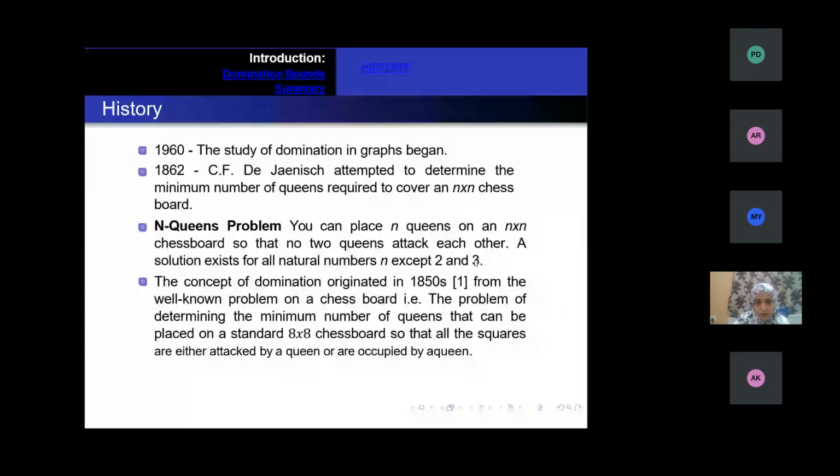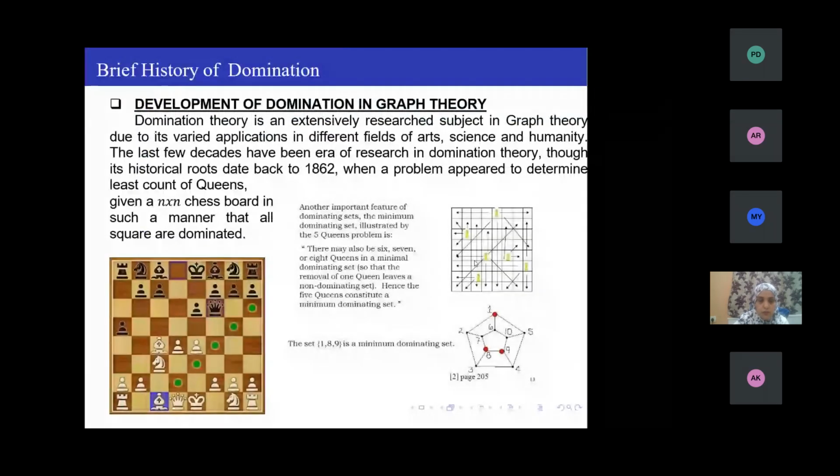I'll show you this concept through an example of a chessboard, where we can see how every piece dominates the other pieces.